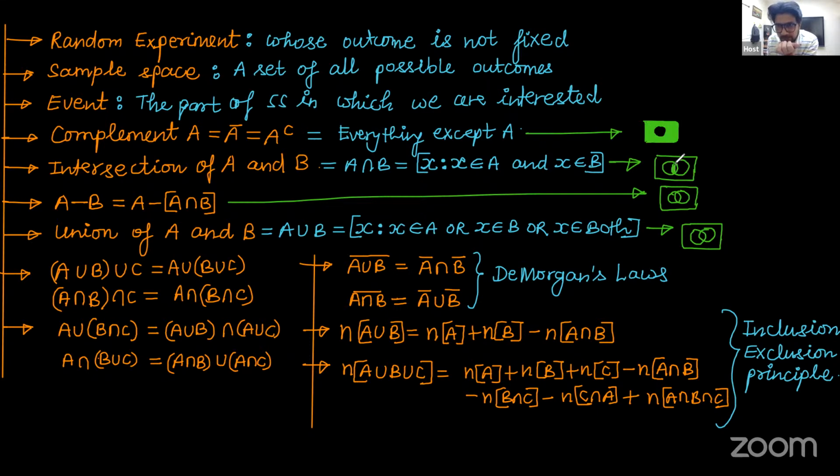Intersection is only this common part of A and B. What is the difference of A and B? From A, you remove everything that belongs to B. And what is A union B? A union B is encompassing everything, either A or B or both. You cover everything. That's how union is defined.